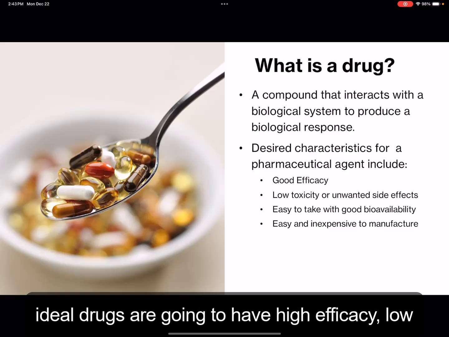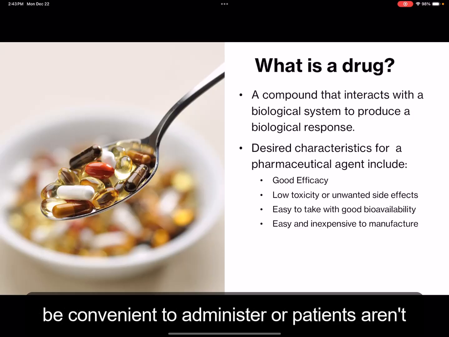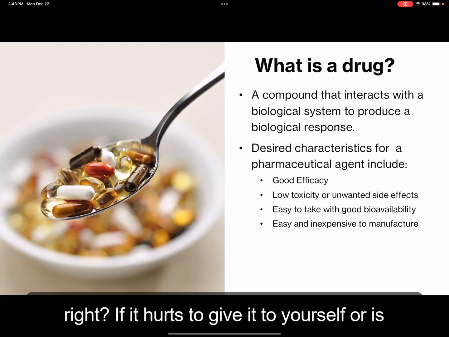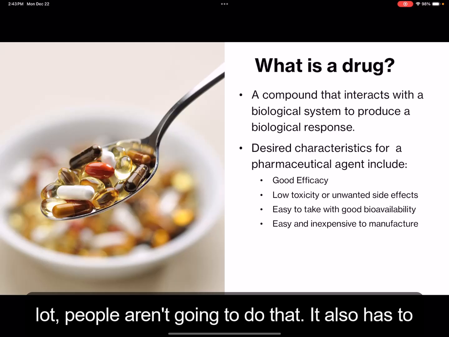So ideal drugs are going to have high efficacy, low toxicity or unwanted side effects. They have to be convenient to administer, or patients aren't going to have good resilience taking them, right? If it hurts to give it to yourself or is difficult to plan around, or you have to take it a lot, people aren't going to do that.